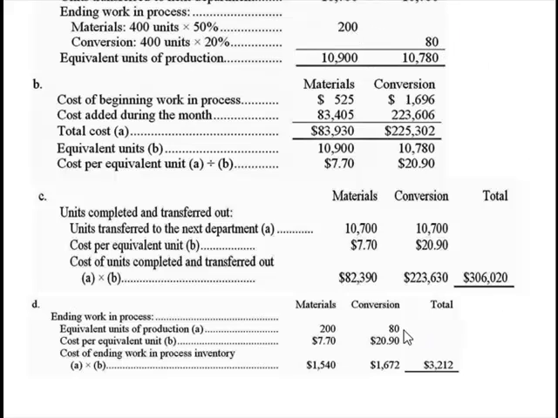So I'm going to bring those numbers down here and multiply by the respective cost per equivalent unit. So this amount here, the 1,540, represents the cost of materials in ending work in process, and the 1,672 represents the conversion cost in ending work in process. And when we add them together, we get the total cost of ending work in process. And this amount would appear on our balance sheet.